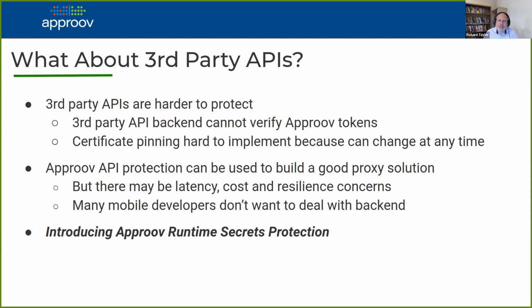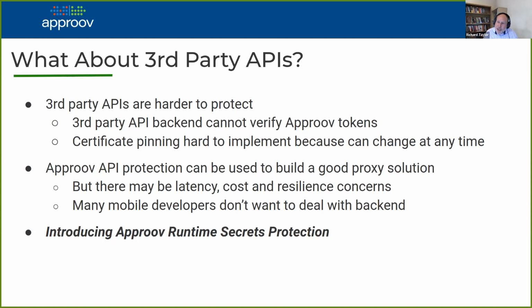If your mobile app is communicating directly with a third-party API, then the challenge is that that third-party API is probably authorized via an API key, and maybe an access token as well if it has a user authorization element to it, but it's not using an Approve token. And you can't modify that backend. So if you want to communicate with it directly, you can't add the Approve token check.